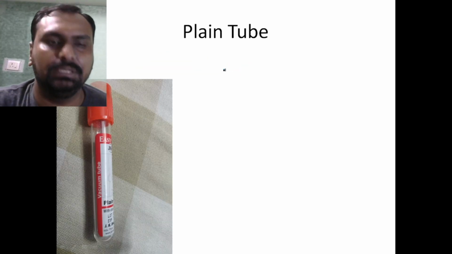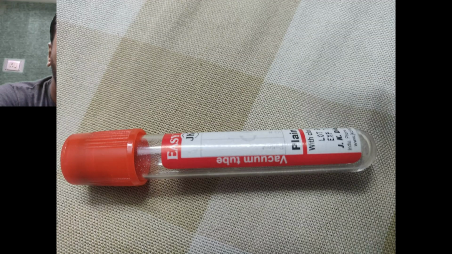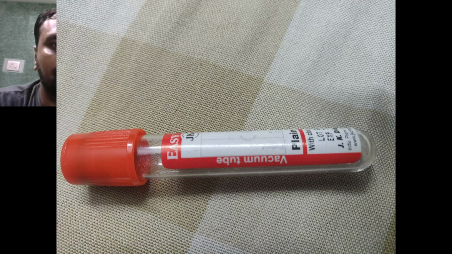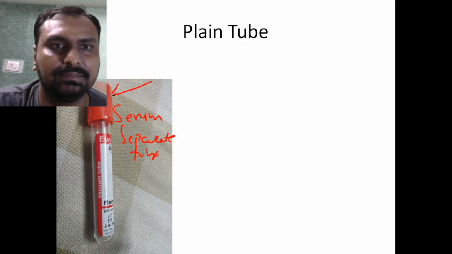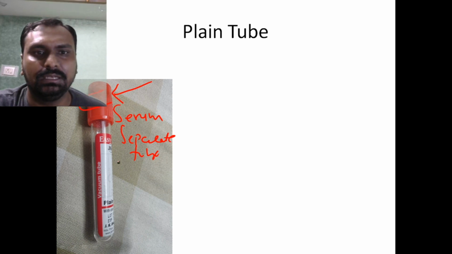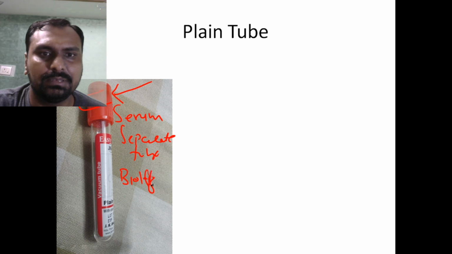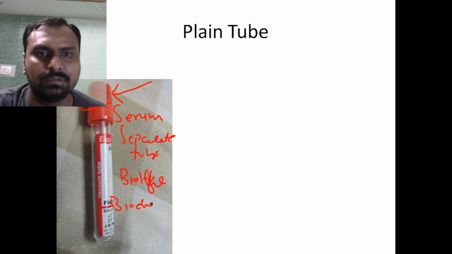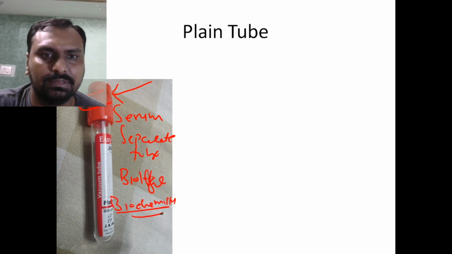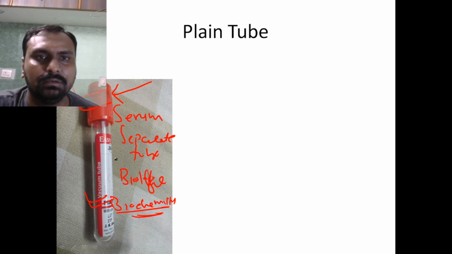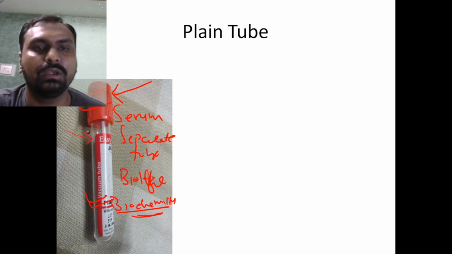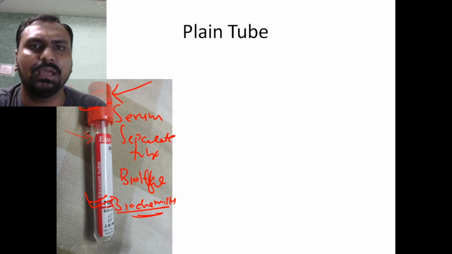Now, third is the plain tube, also called the serum separator tube. You can identify it by the red cap. It is mainly used in biochemistry. All serum parameters are done in the plain vacutainer, like any hormone, tumor marker test, or RFT, LFT.